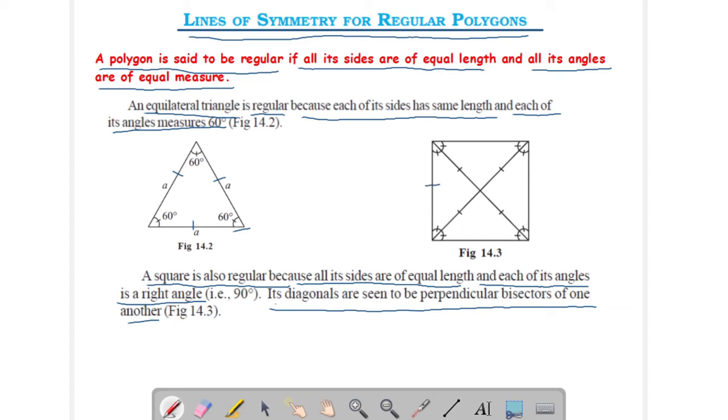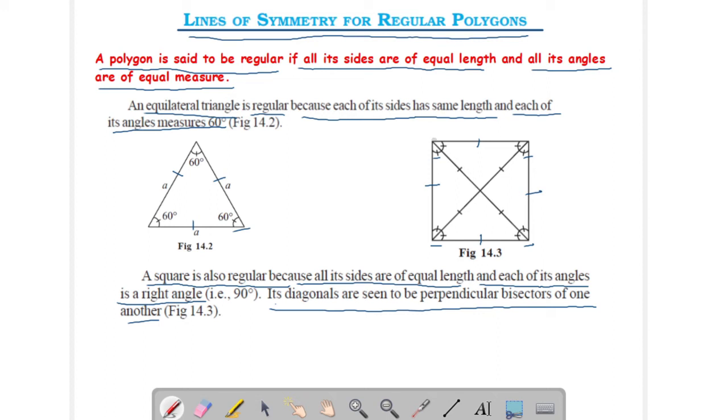Because all the four sides are equal, and each corner angle is 90 degrees, that is this angle, this angle, this angle, and this angle. And the diagonals of a square are perpendicular bisectors of each other.